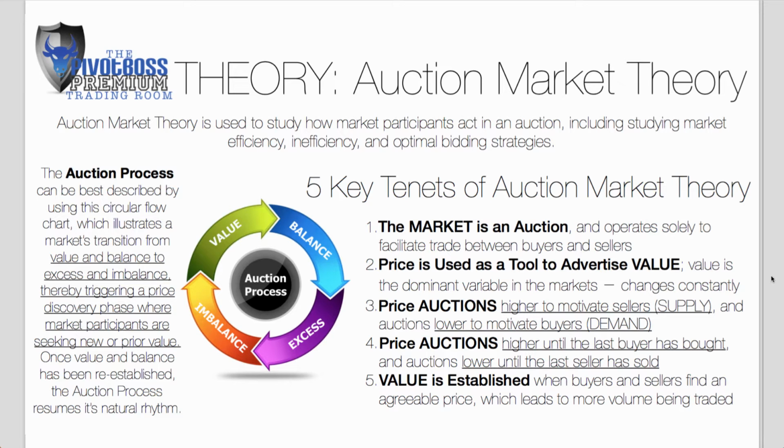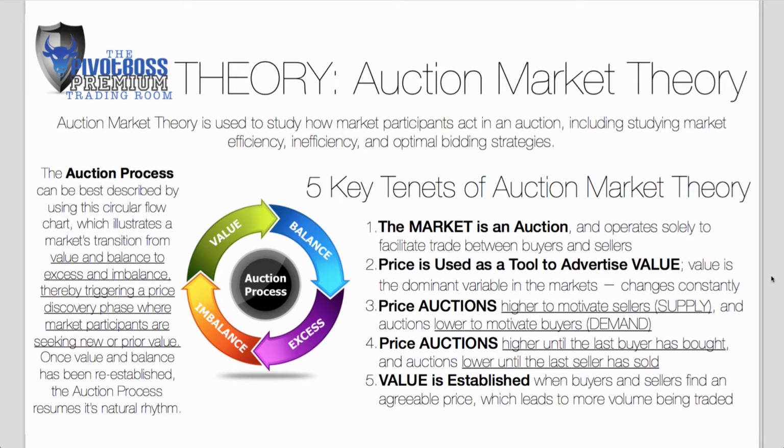So with auction market theory, this is the theory that tells us how to engage a market as a market participant. So auction market theory is used to study how market participants act in an auction, including studying market efficiency, inefficiency, and optimal bidding strategies. That's a very powerful statement in and of itself that really sums up what auction market theory is.